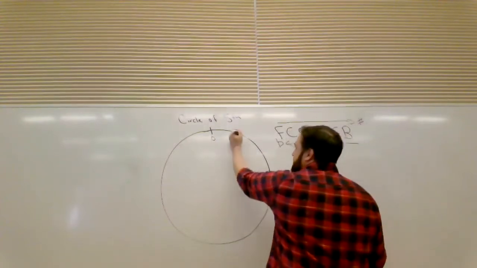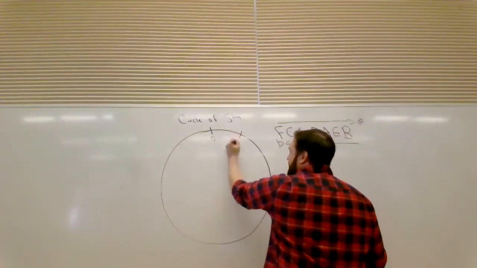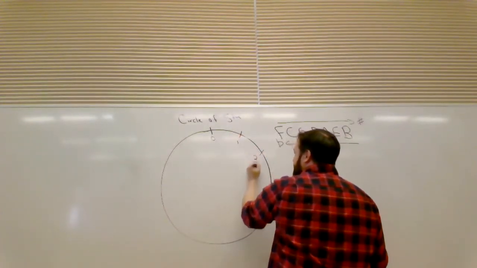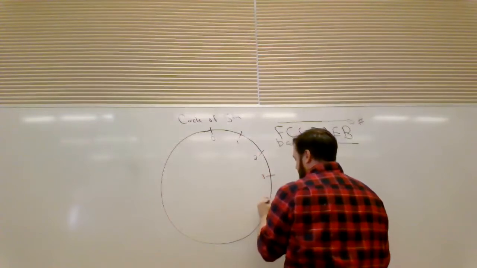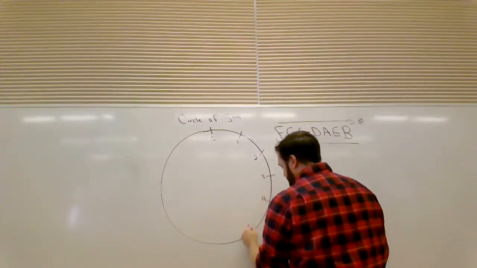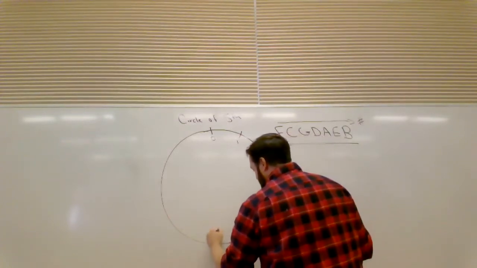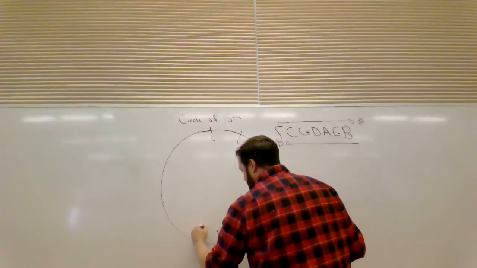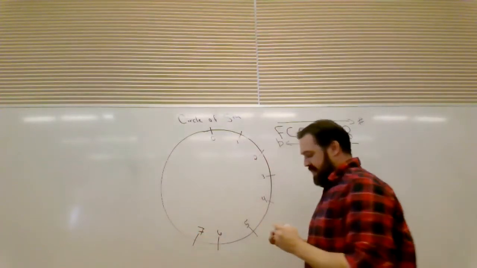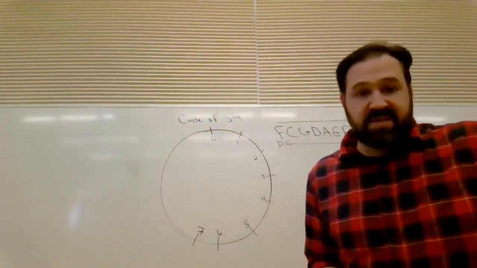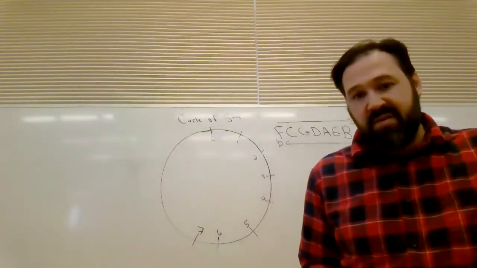So the next notch is a 1, a 2, a 3, a 4, 5, 6, and 7. So at the most we can have 7 sharps, right? So we're going to have 7 notches.